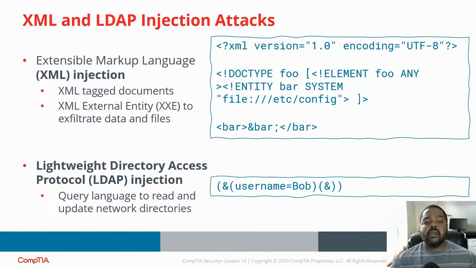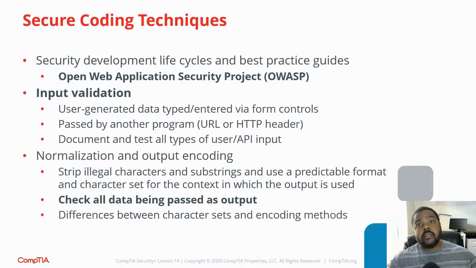So when building an application, we want to make sure that we have the right people looking at the code and validating each other. Now, as a security professional, it's always good to give guidance when it comes to building an application in a corporate environment.